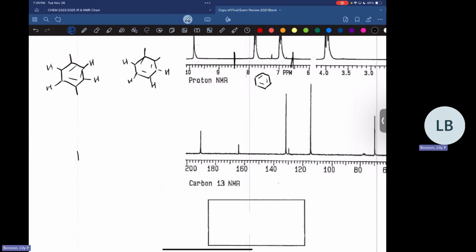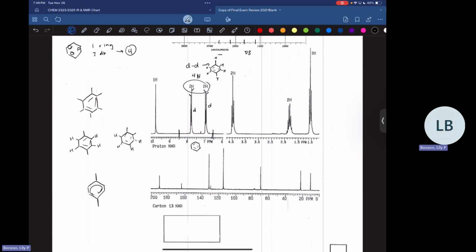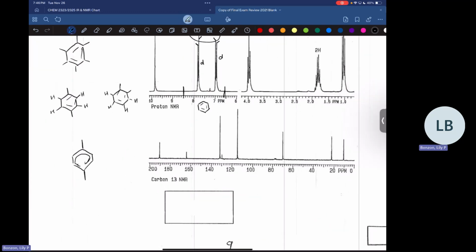So far we've gotten a benzene that has its substituents directly across from one another. Now we just have to go through the rest of the structure, the rest of the proton and carbon 13 NMR, to find the rest of our carbons. We know that we're going to have 10 carbons, 12 hydrogens, and 2 oxygens.